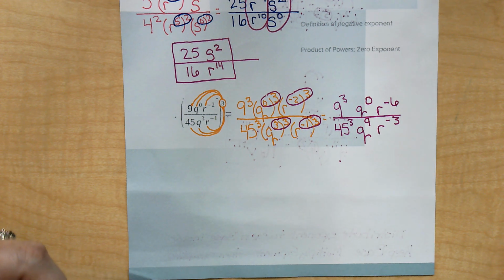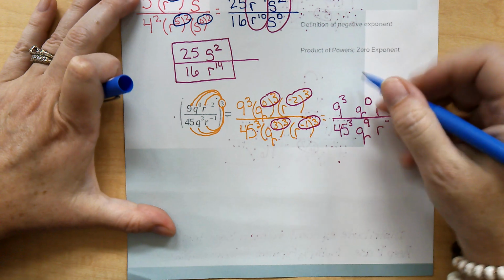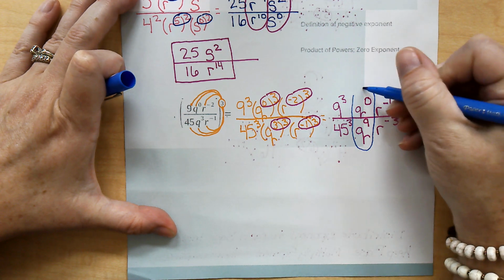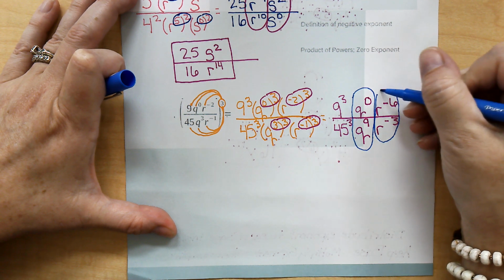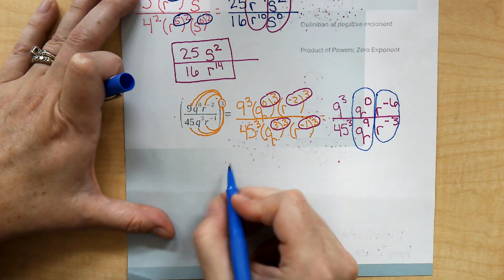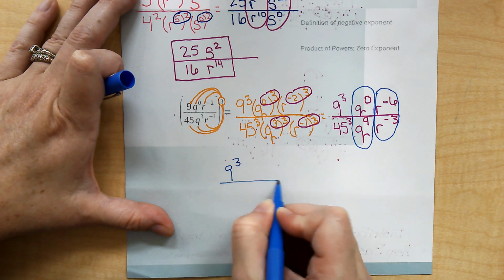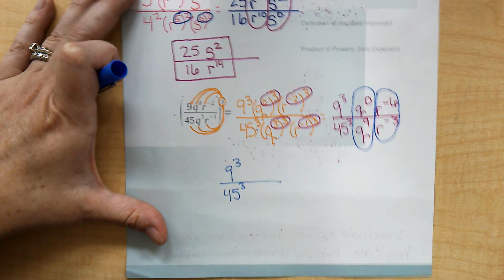Now, since we have a q on top and a q on the bottom, we are going to do our math and determine if q goes on top or bottom. We will do the same thing with r. Okay. So we still are bringing down the 9 cubed, 45 cubed, and we're going to see what's going to hang out with it.